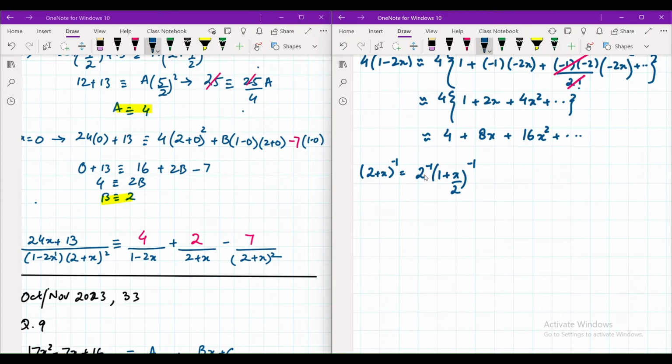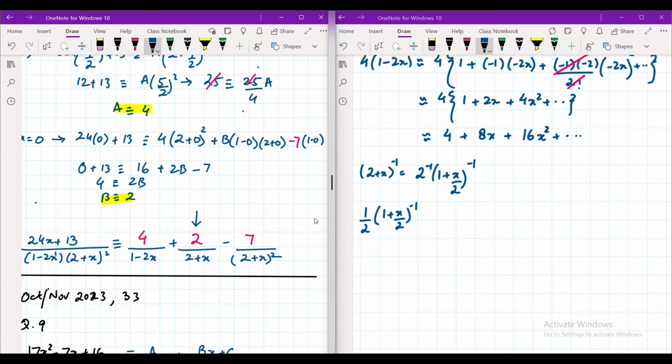So 2 raised to the power minus 1 is just 1 over 2. And then when we multiply this 2 with it, this would just simply cancel out and make it into 1. So we don't need to worry about the 2 over here. So we expand simply 1 over 1 plus x over 2.